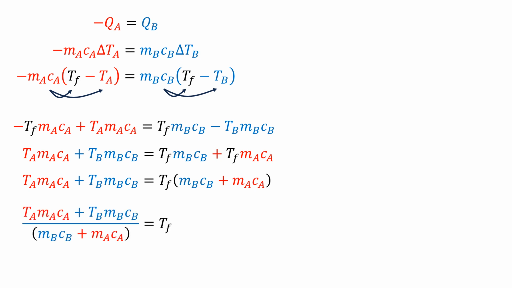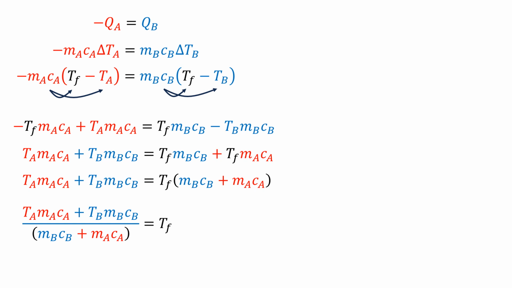And then even though it looks yucky, really all I'm doing now is just dividing by a single thing. That term that's in parentheses, TF times all that stuff in parentheses. I'm just going to divide by all that stuff in parentheses to get TF by itself. So some little bit of algebra there. It looks worse than it is because you've got a bunch of terms running around.